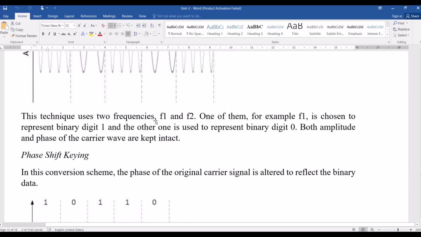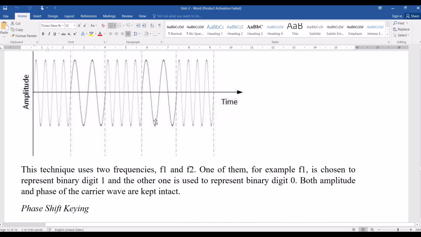Before phase shift keying, in frequency shift keying we have two types of frequency. I have to explain this one. The technique uses two frequencies, high frequency and low frequency, implemented as F1 and F0.